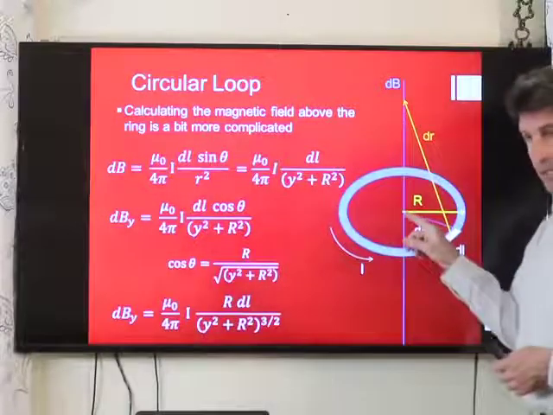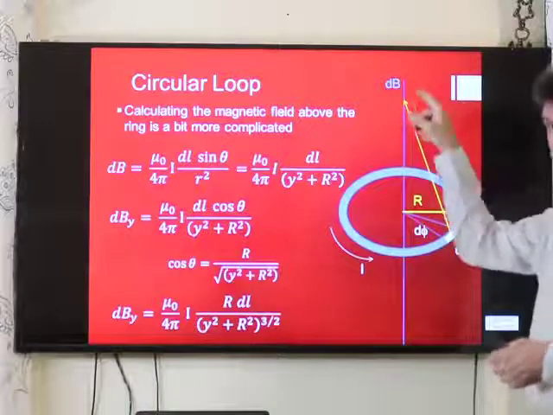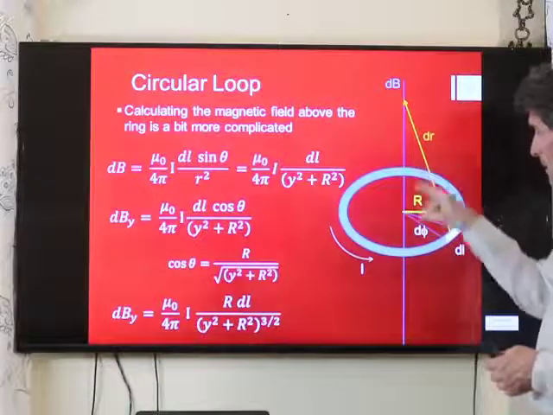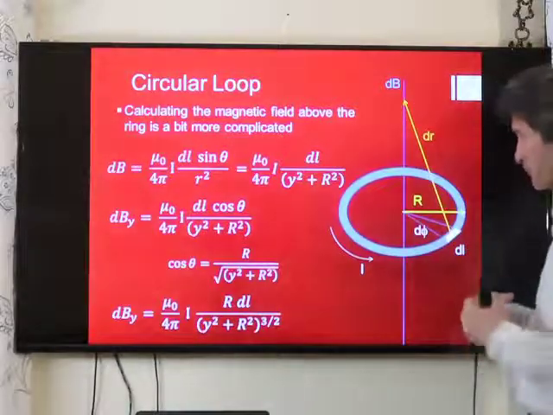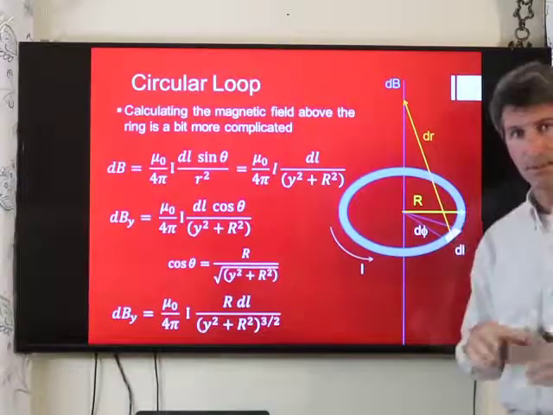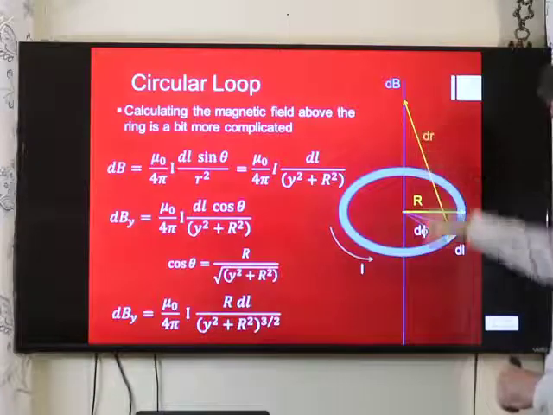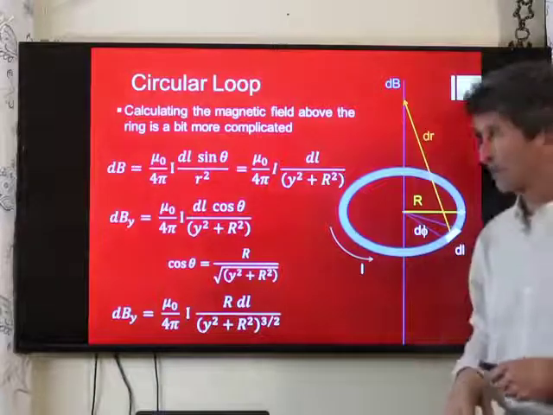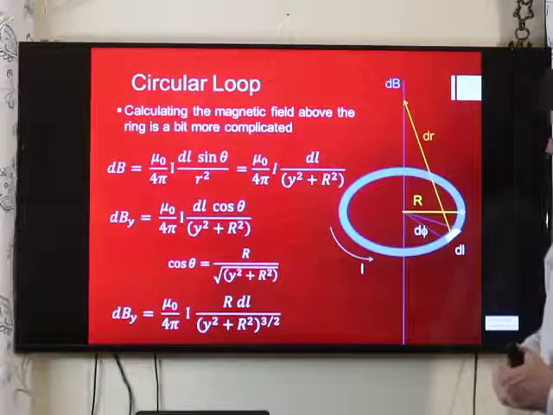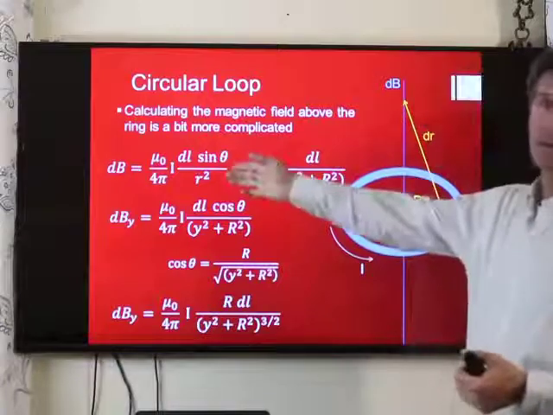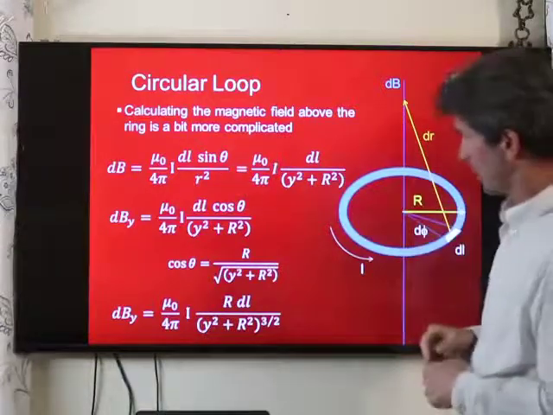So instead of looking right here, we're now looking at the magnetic field up here. Basically, this loop of wire is going to sit in the XZ plane, and the Y direction is going to be along this axis right here. So here is our scalar version of the Biot-Savart law.